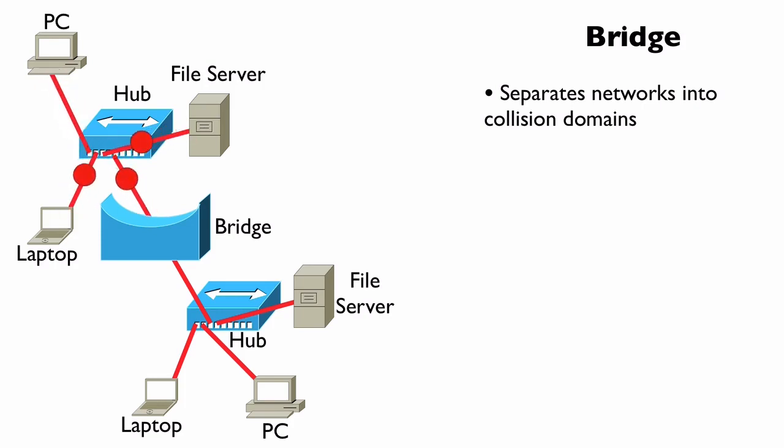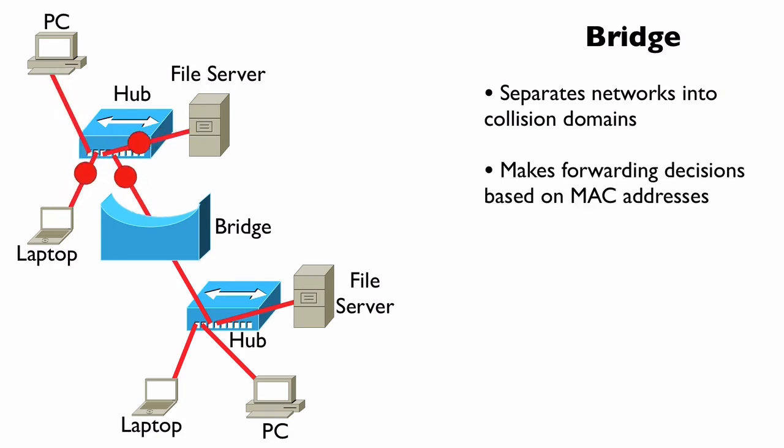And unlike a MAU, unlike a hub, a bridge does intelligently make forwarding decisions. It's going to learn, as it sees frames flowing through the network, the MAC address, the media access control address, the 48-bit address that's burned into these network devices. It's going to know that the laptop with this 48-bit MAC address resides off of port number 1.